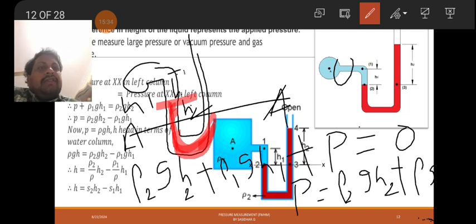This is negative pressure. For measuring this vacuum pressure, we use this type of manometer.